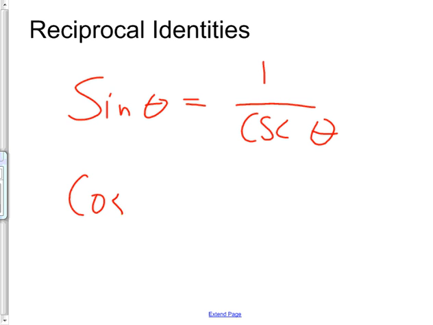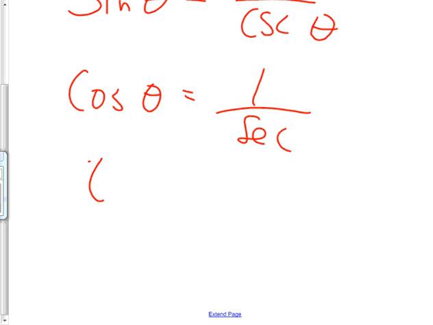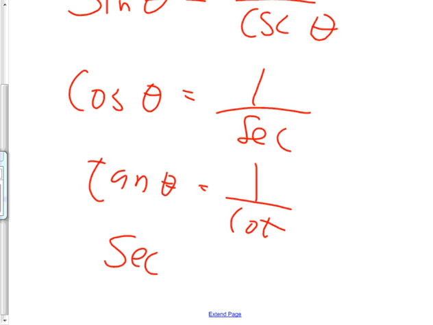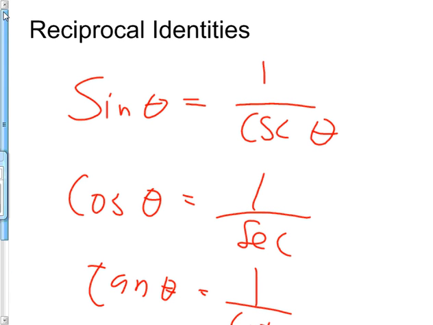So cosine is 1 over secant. How about tangent? Use a reciprocal. 1 over cotangent. Get what I'm doing here? Secant is 1 over cosine. So the reciprocal identities are just to know that everything can be replaced with 1 over its evil twin.